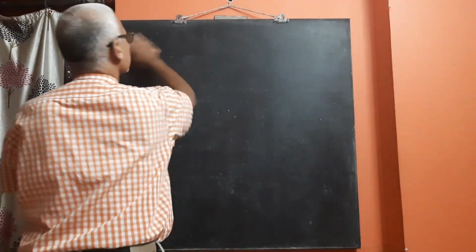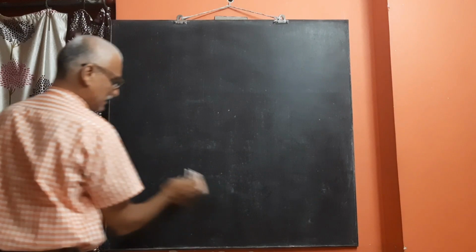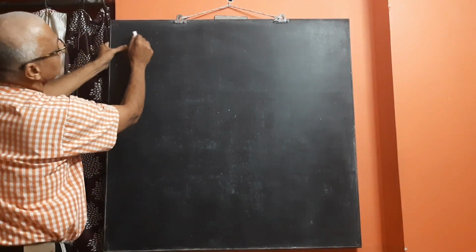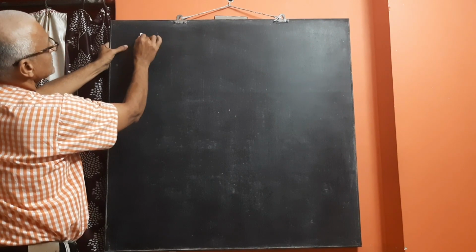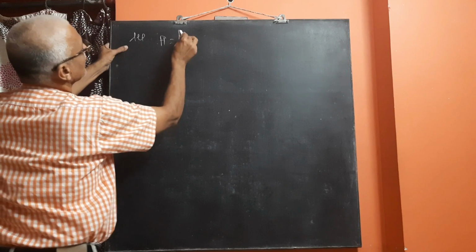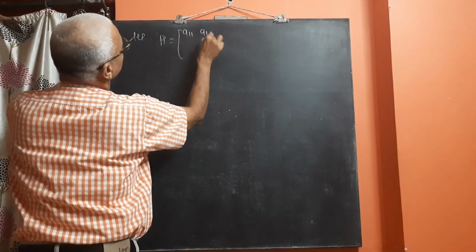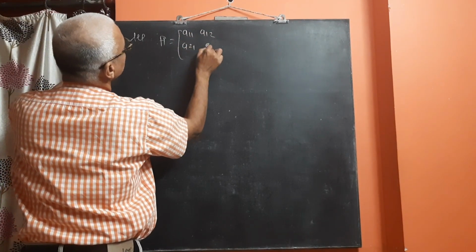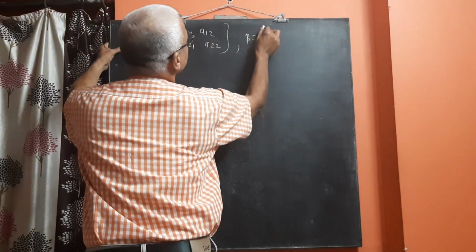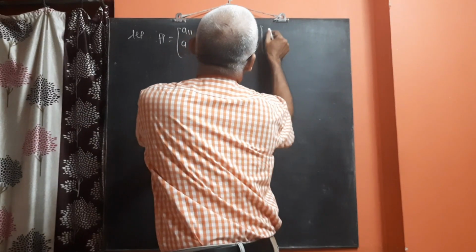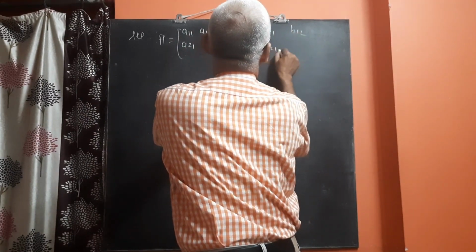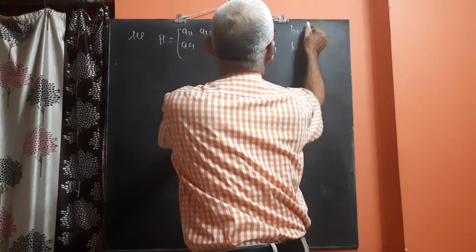For the actual multiplication of two matrices, consider matrix A equal to A11, A12, A21, A22 and matrix B as B11, B12, B21 and B22.